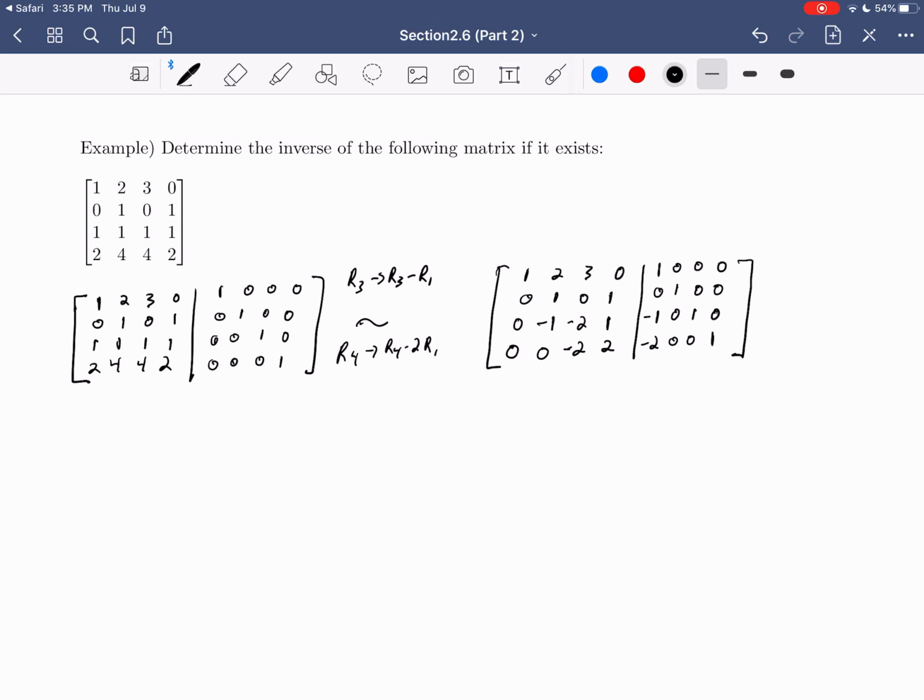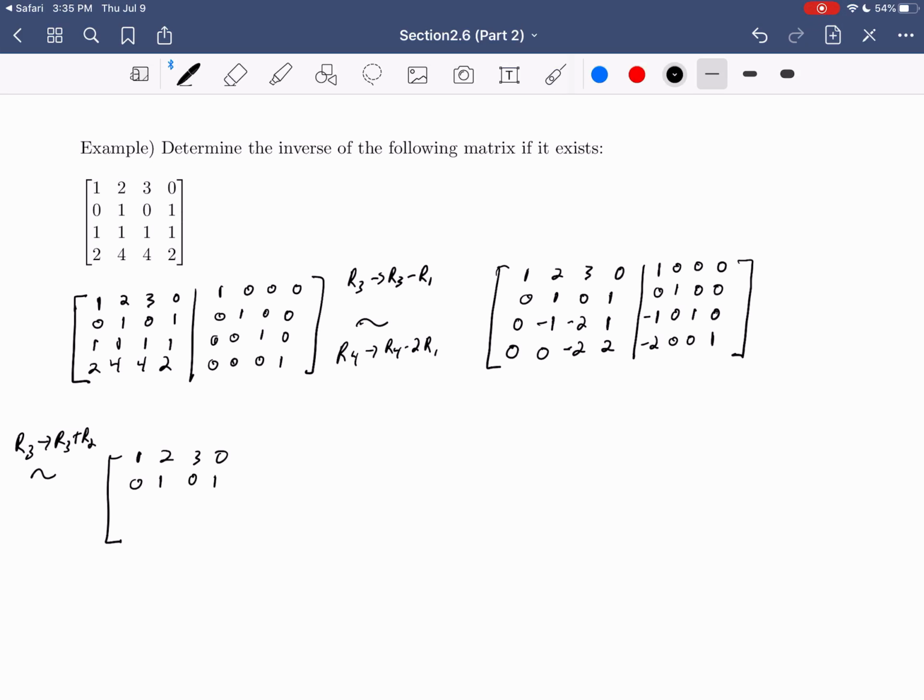Okay, so now this looks good. Notice we have a 1 in this pivot position, so we can use this to remove the entry down here, to get this into row echelon form. So we can replace R3 with R3 plus R2. When we do that, we get 1, 2, 3, 0, and 0, 1, 0, 1.